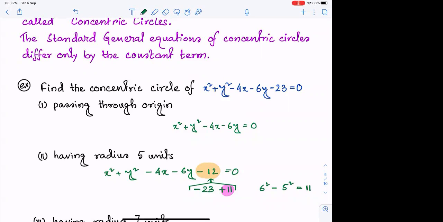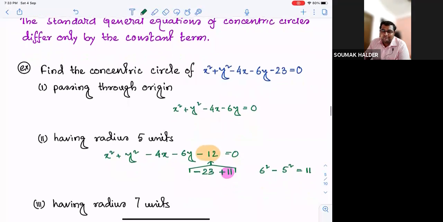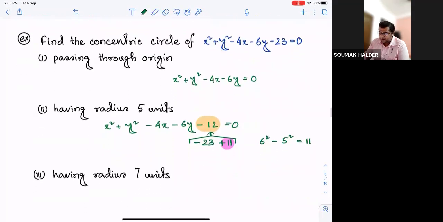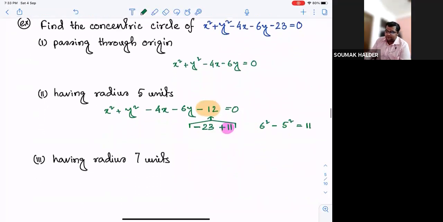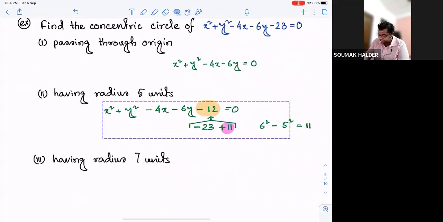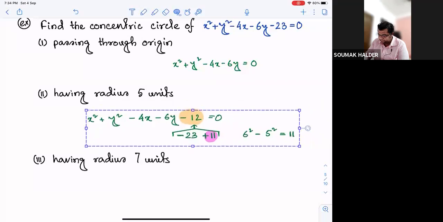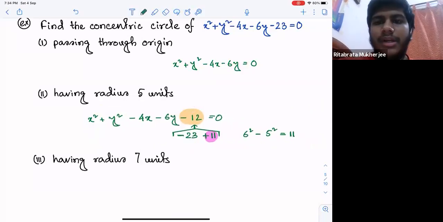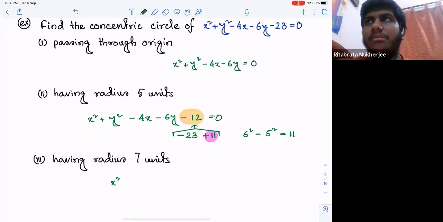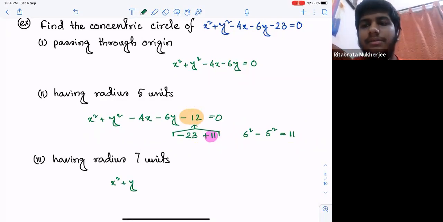So for the next question, you should answer me verbally very quickly. What is going to be the equation of this circle? So it's x square plus y square minus 4x minus 6y minus 36. Sorry, yeah, minus 36. Very good.